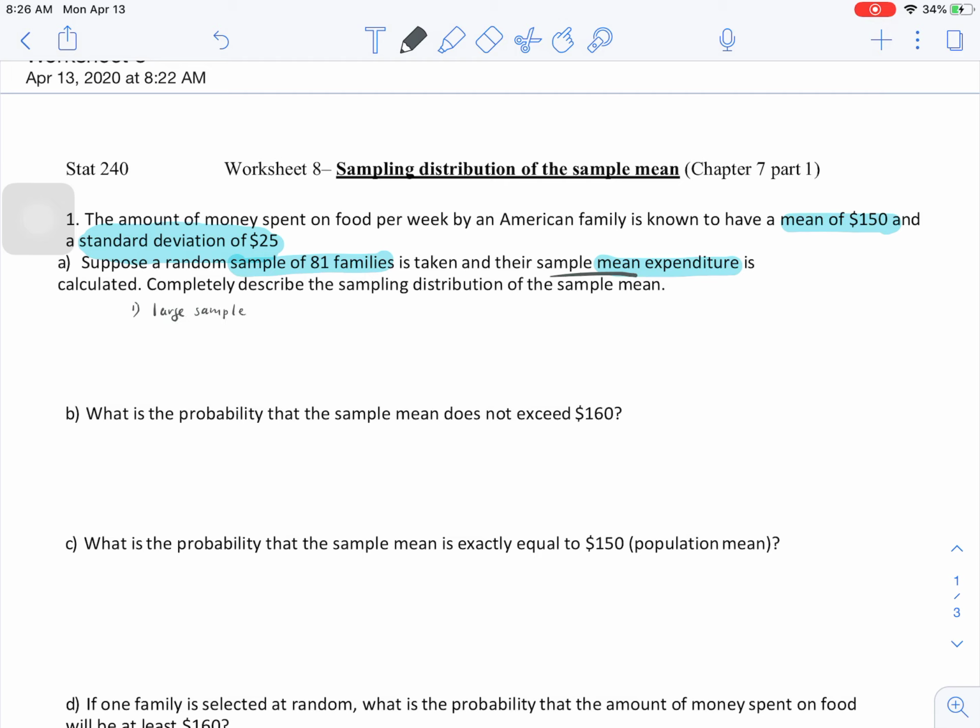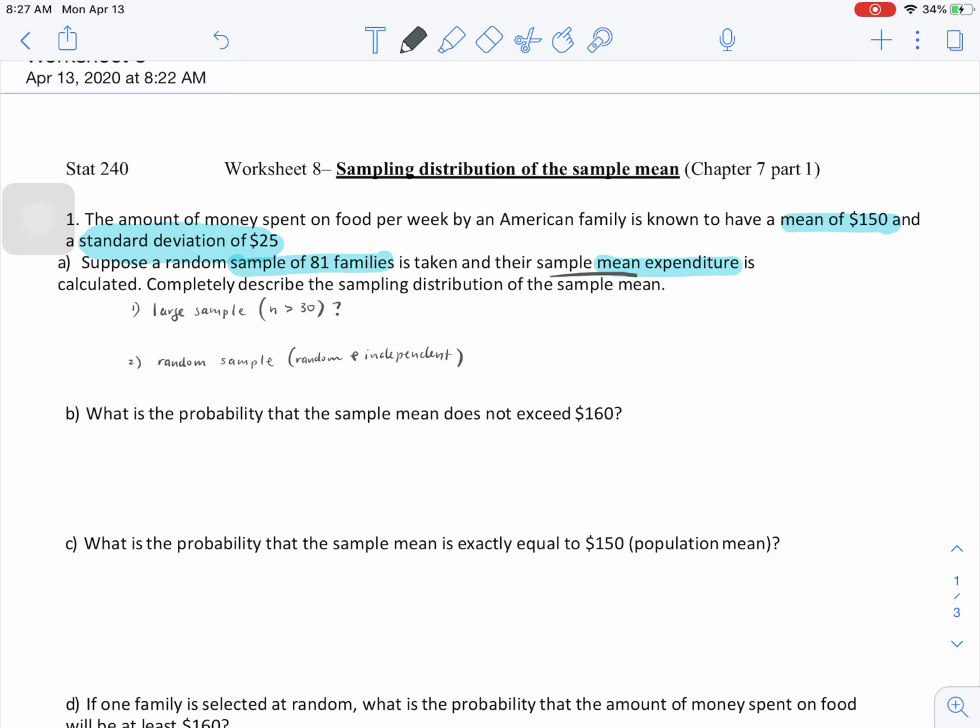When we say large, typically the rule of thumb is we check if the sample size is larger than 30. Then we check, do we have a random sample? So is our sample random and independent?